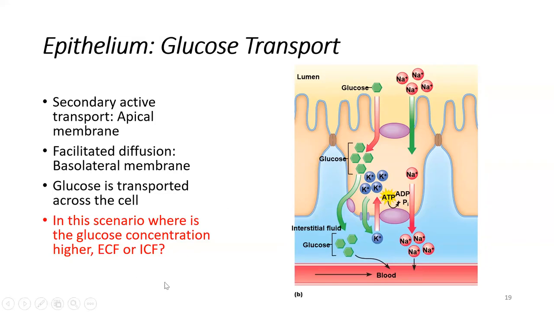And so in this scenario, where is glucose concentration highest? So if we're moving glucose actively across the apical surface and passively across the basolateral surface, where is the higher concentration of glucose? Is it inside the cell or outside the cell?